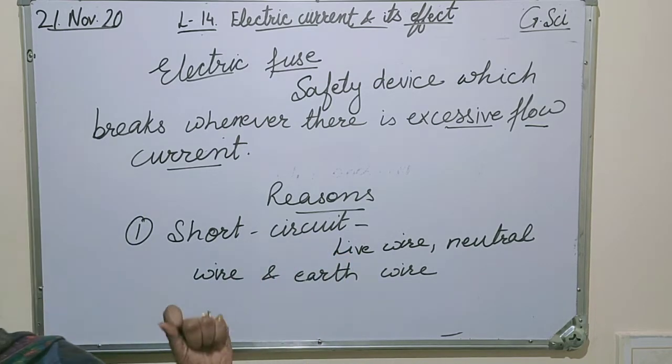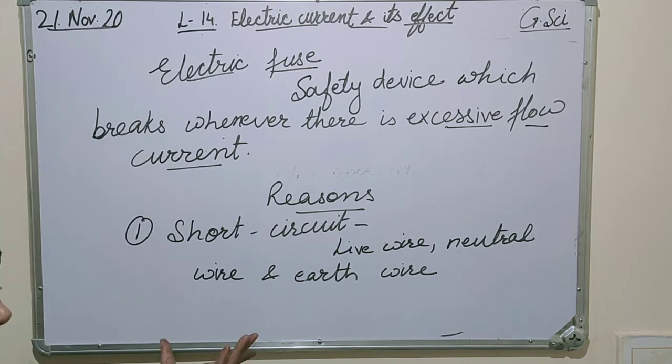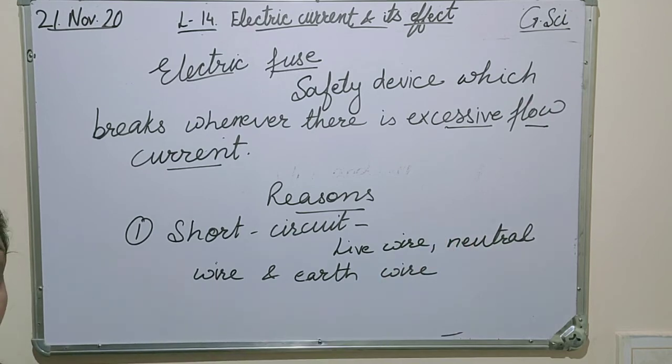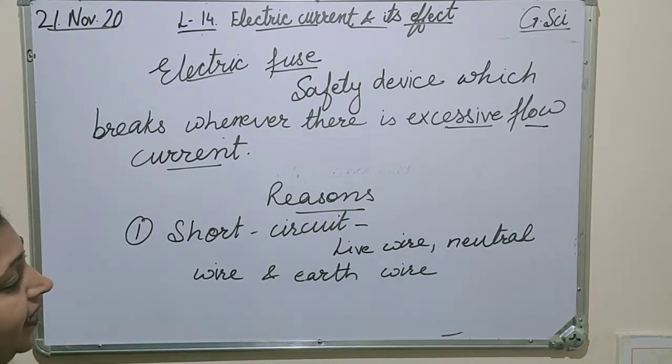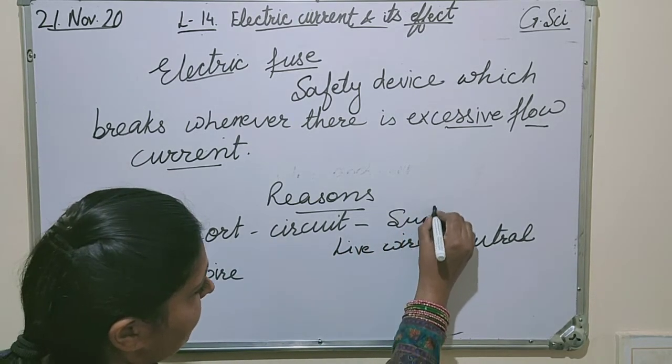So what is short circuit? We can say it is a sudden flow of very large current. Suddenly it starts flowing. As soon as these wires get in contact with each other, the current starts flowing immediately. So short circuit is a sudden flow of excessive current due to the direct contact of live wire and neutral wire.